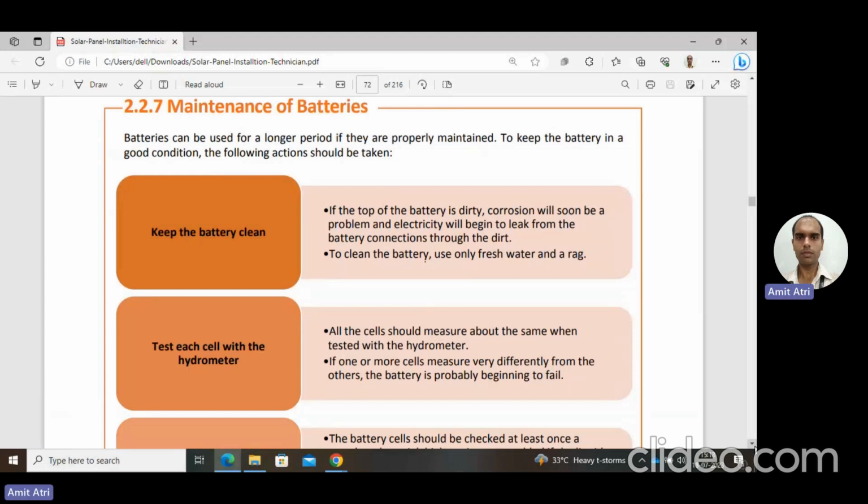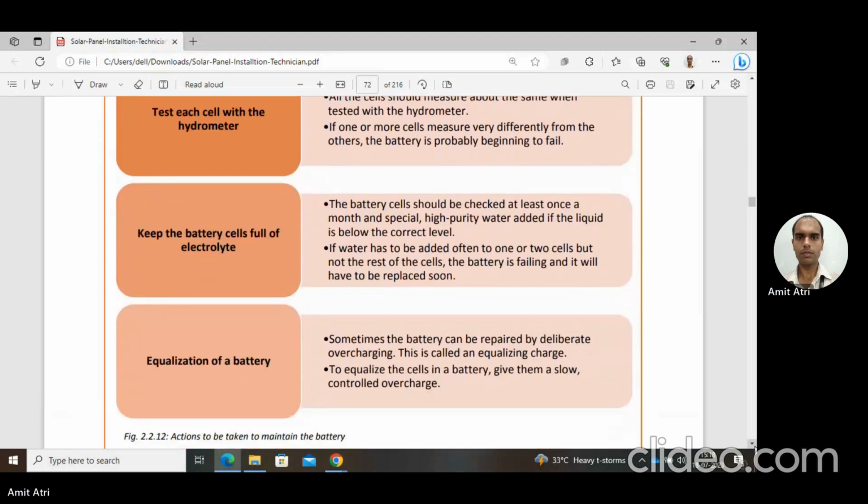Next maintenance activity is to test each cell with the hydrometer. Okay, so each cell, because if one or more cells measure very differently from the others, the battery is probably beginning to fail. Next is keep the battery cells full of electrolyte.